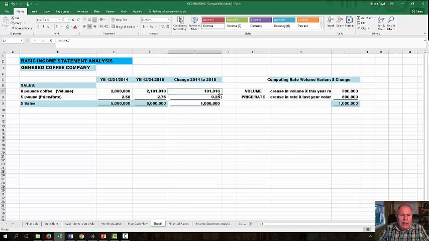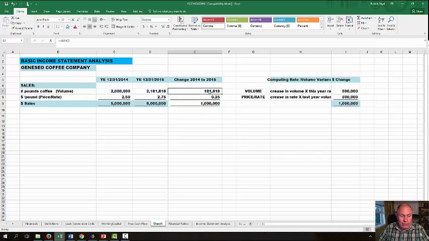So what we saw is that by producing 181,818 pounds more and charging 25 cents more, we know that that caused a $1 million increase in sales.